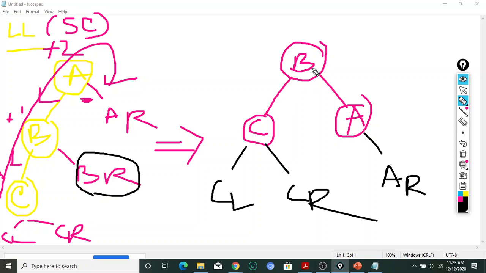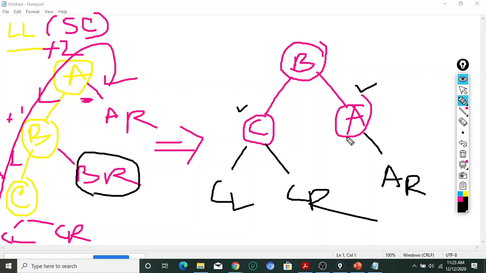B became the root node, and here BR, the right child, C is where we can place it. Try to understand: C is my left child, and the right child is present. The BR, the right child, is placed in the right child of B, and we have to find which place is free for this position.